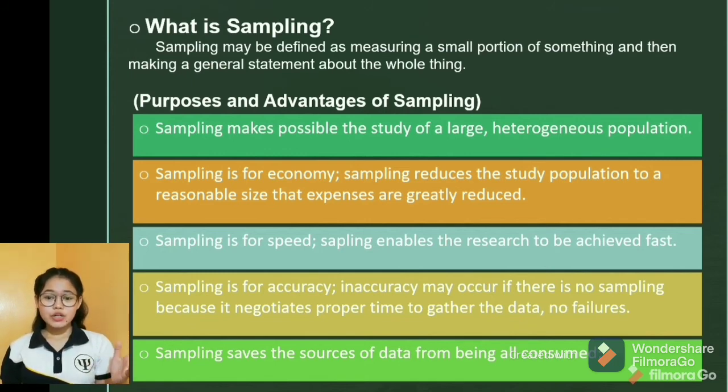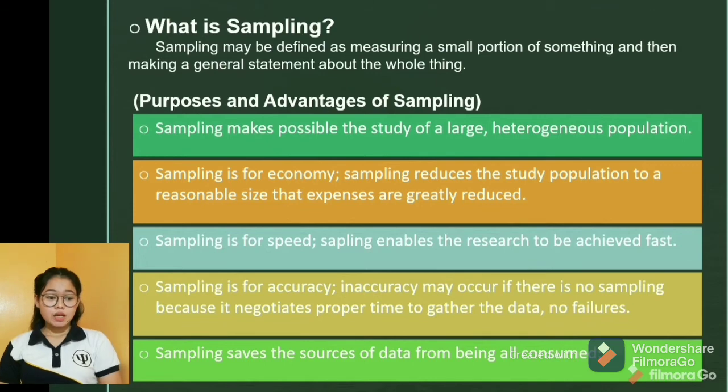But the researcher does not reach the whole population or all the provinces. So what he or she did is alter the data. That makes it inaccurate, and it is not supposed to be. So that is why sampling is for accuracy.